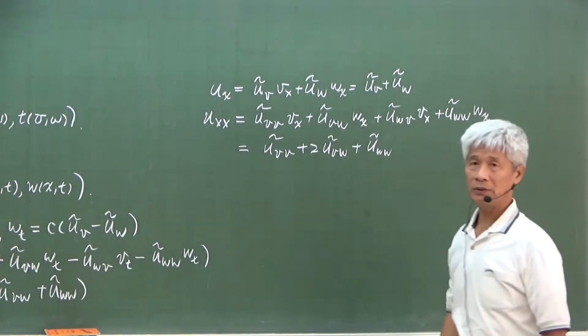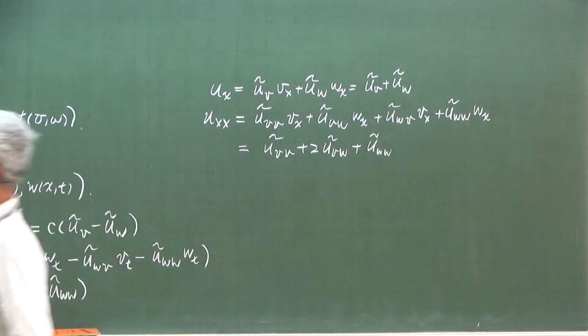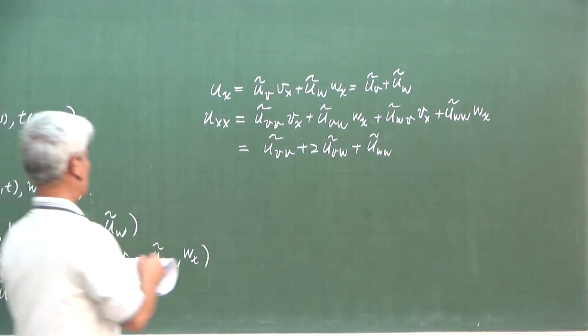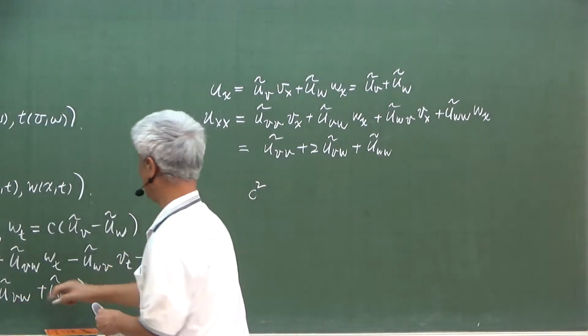Okay, so we have all this data here. And now we put everything here. Okay, so now we have c squared here, right?